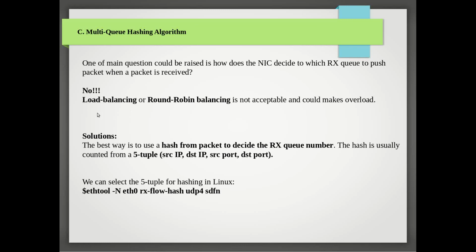Some techniques like load balancing or round robin are not acceptable and could cause overload. The best way is to create a hash from the packet to decide the RX queue number. The hash can be computed from the 5-tuple: source IP, destination IP, source port, destination port, and protocol type.